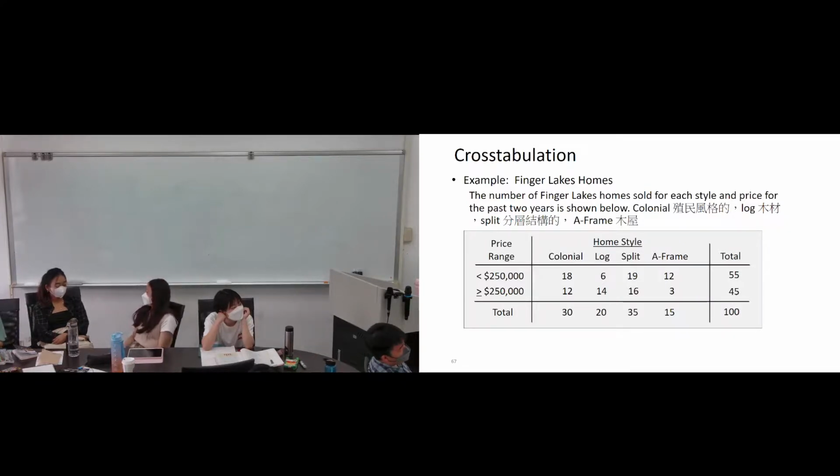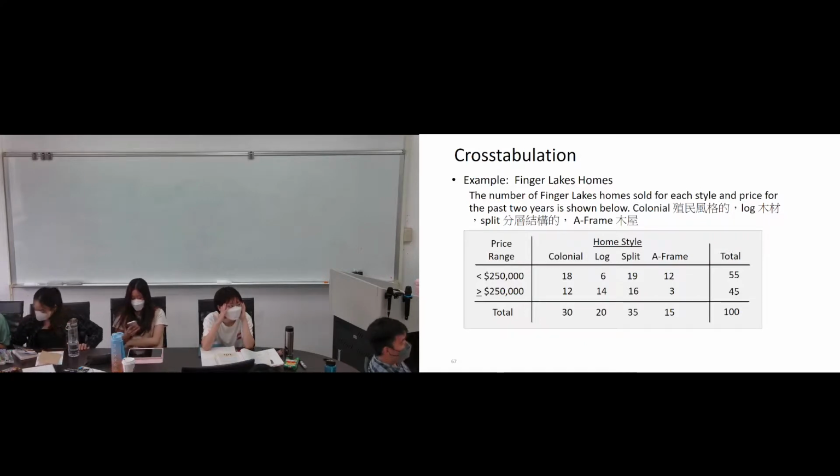We would like to purchase a home. What's the price? Some are purchased below $250,000, and some are purchased above $250,000. So this is a cross tabulation table.